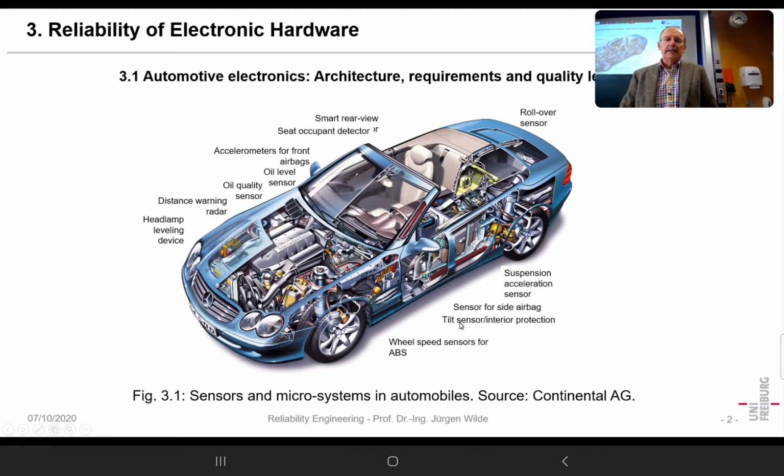Also, on the other hand, we have a tilt sensor that has several purposes. One of the purposes of a tilt sensor is when a car is stolen. Sometimes the car is towed up to a van, and so we have a slope.